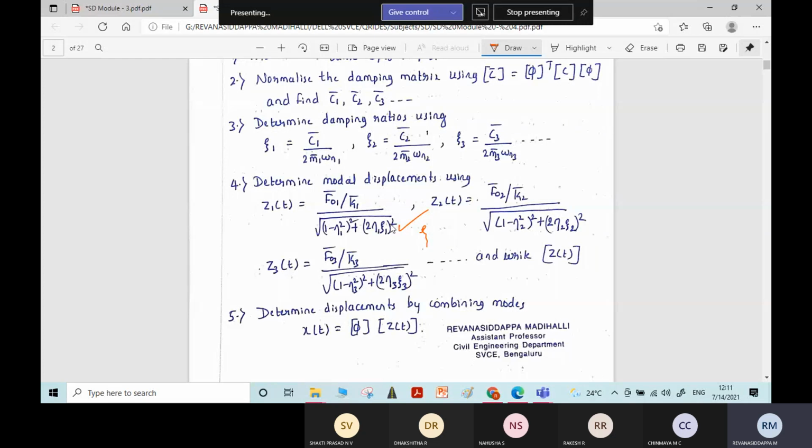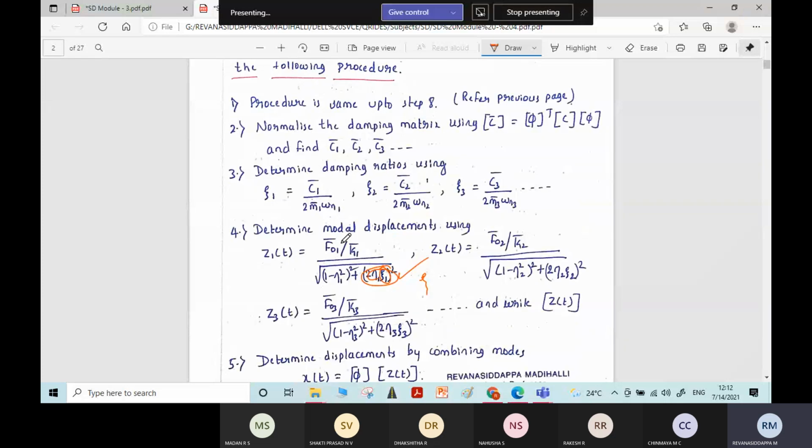If damping is not given, this zeta value will be 0. If zeta becomes 0, this whole term becomes 0, and in the root you get only the term 1 minus n1 square, whole square. The square and root cancel. The final equation you get is F01 divided by k1, divided by 1 minus n1 square.